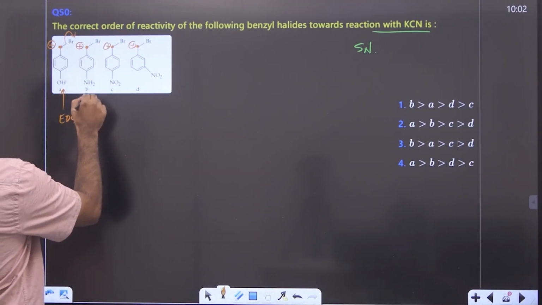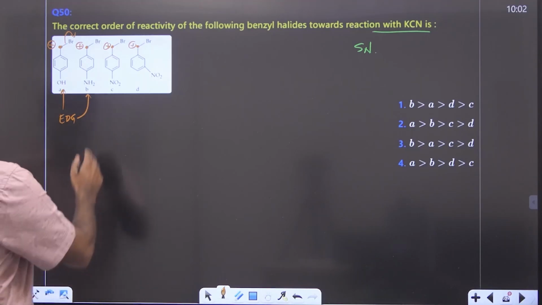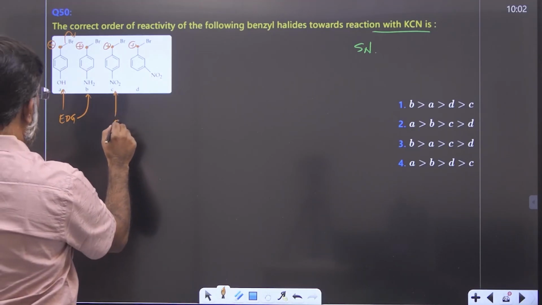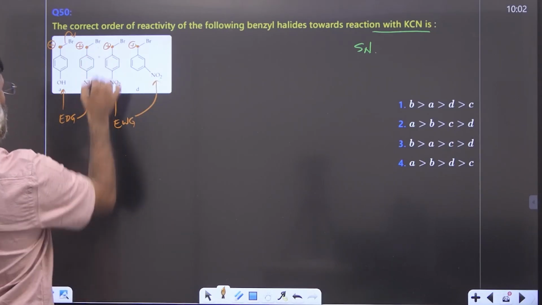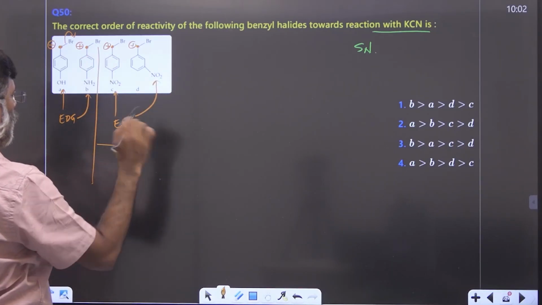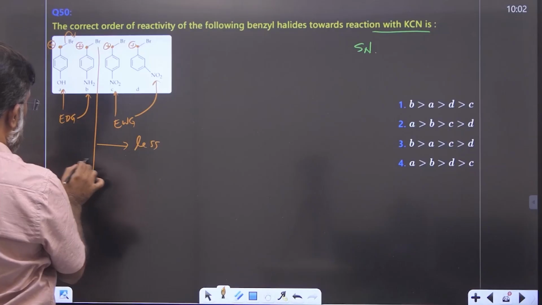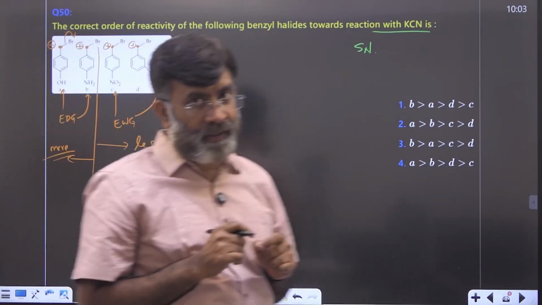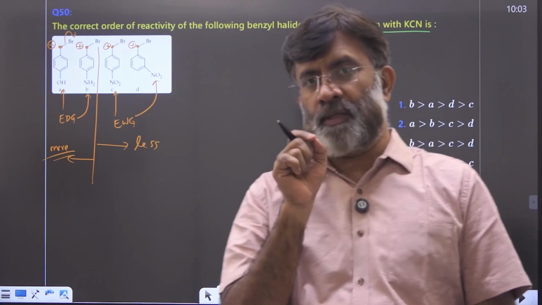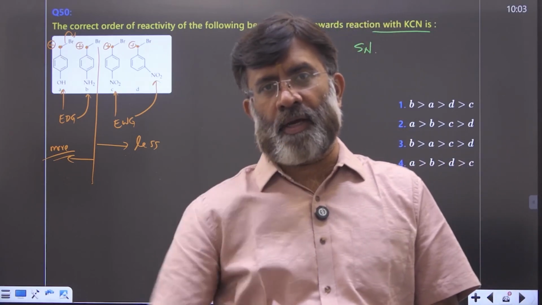This is also an electron donating group. This is an electron withdrawing group, of course. So these two will be less and these two will be more. I mean the reactivity depends on the stability of the carbocation.